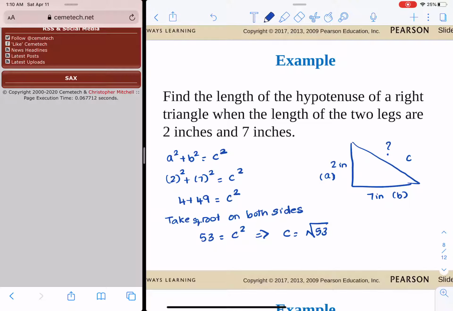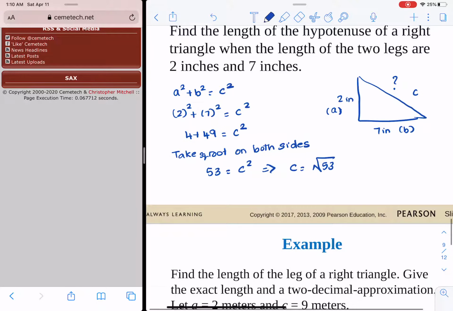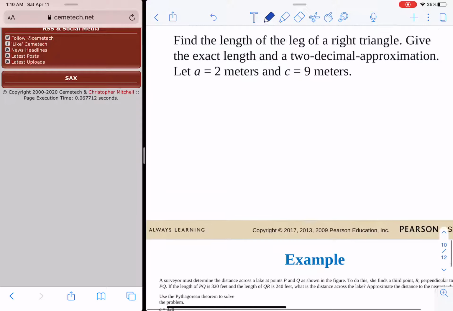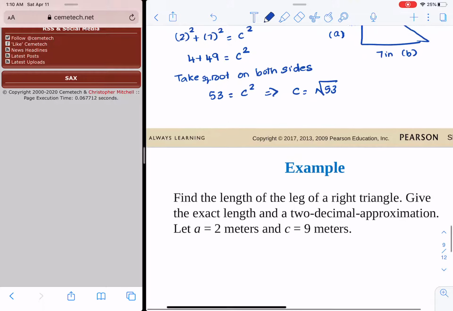And you may ask me, well, why can we not say plus or minus square root of 53? Well, minus square root of 53 cannot be an answer because the length cannot be a negative number. So the answer is simply square root of 53.